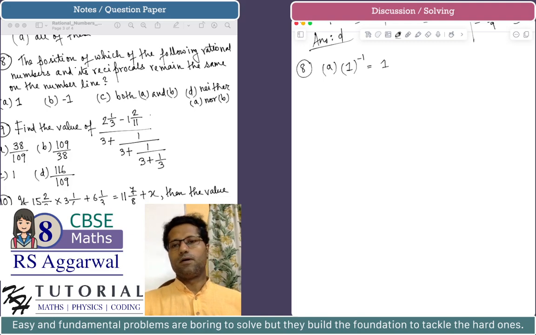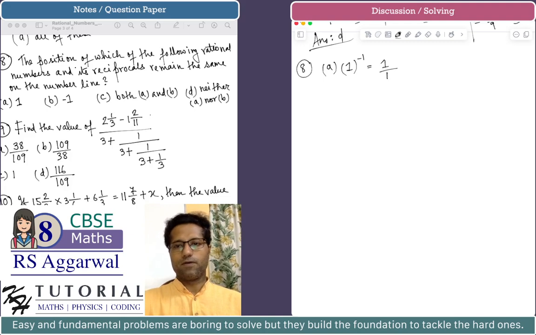We have already studied and discussed in the previous videos, in the theory video, that 1 and minus 1 are the only two rational numbers which are equal to their multiplicative inverse. So the reciprocal or multiplicative inverse of 1 by 1 is equal to 1.